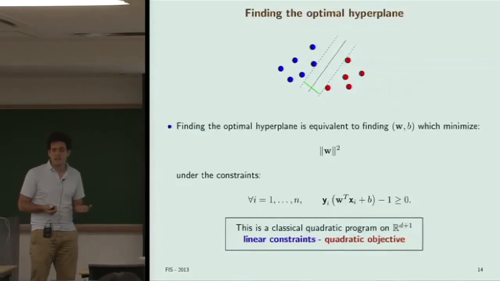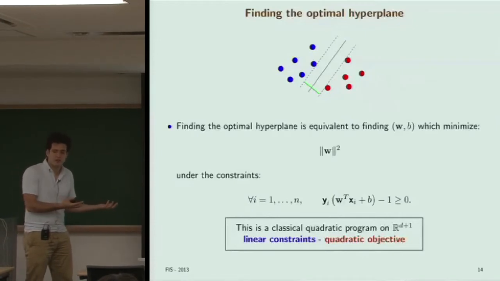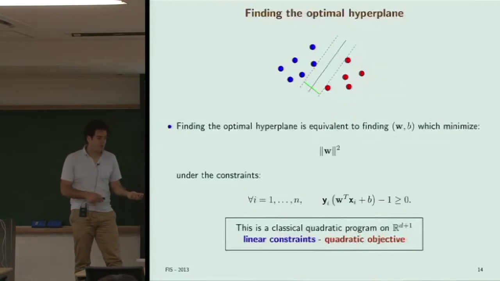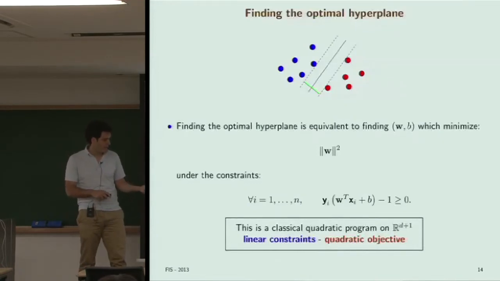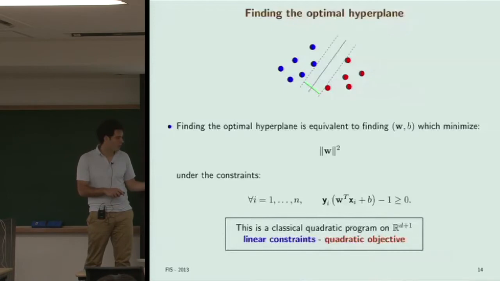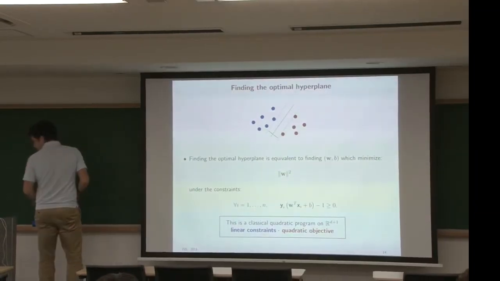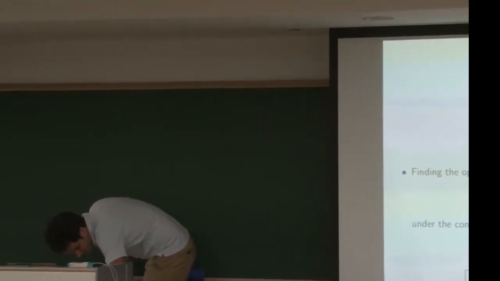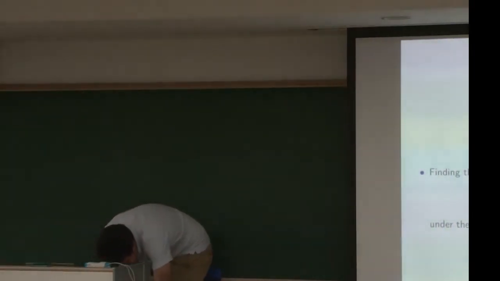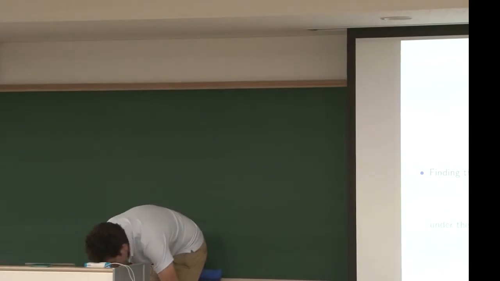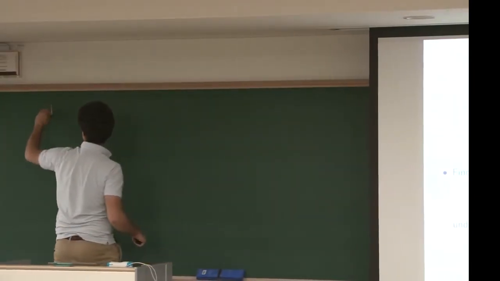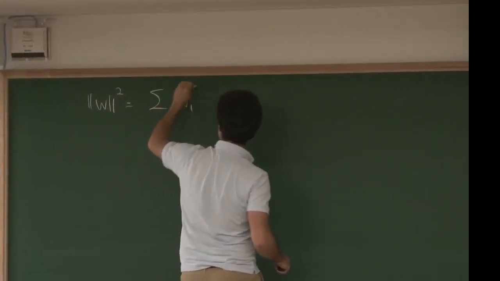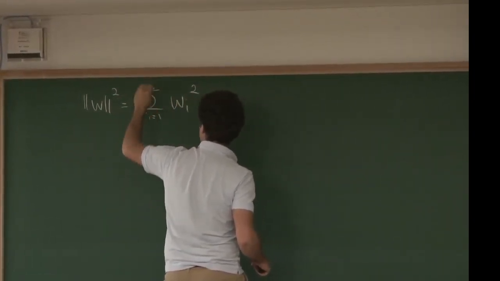This is a classic, I say classic, but if you don't know what a quadratic program is, it's easy to see why we call this a quadratic program. Well, the objective is the squared norm of w, which is simply the sum of the wi squared.